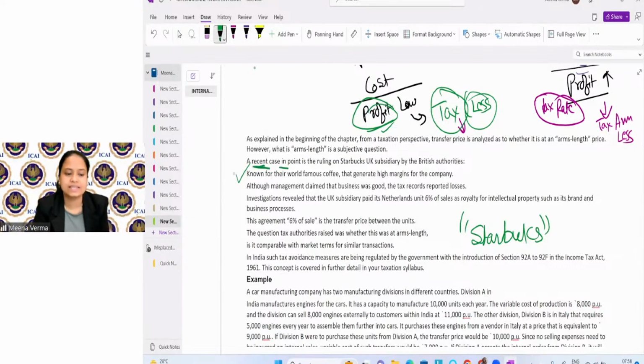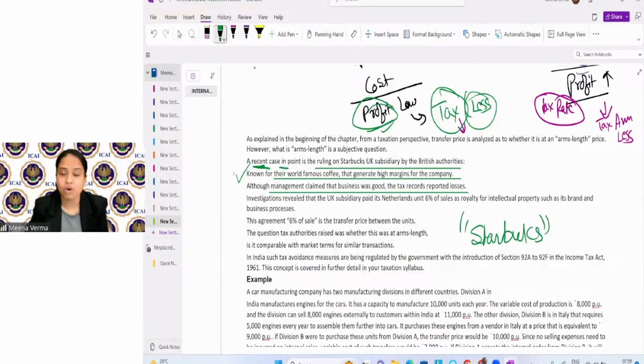A recent case in point is the ruling on Starbucks' UK subsidiary by British authorities. Known for their world-famous coffee that generates high margin for the company, although the management claimed that the business was good, tax records reported losses.